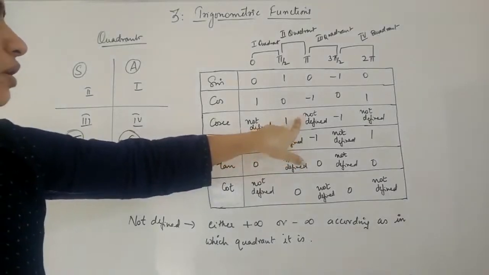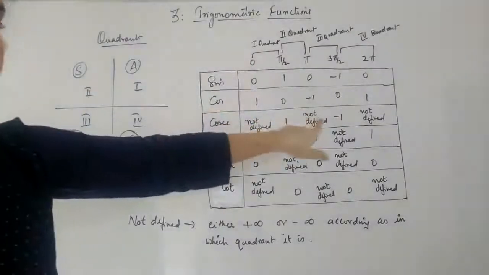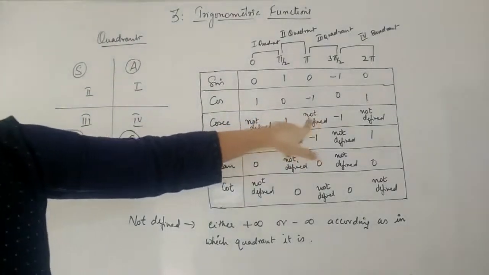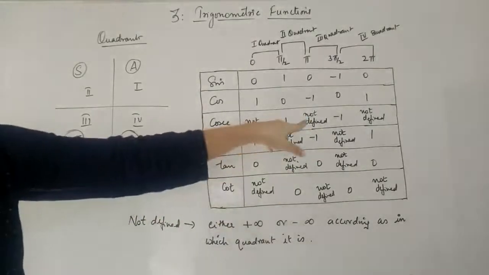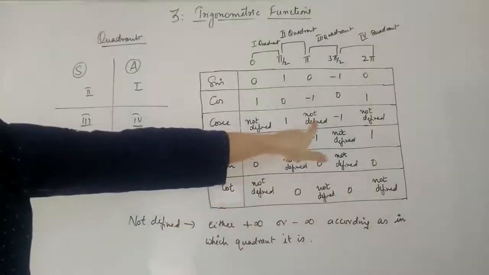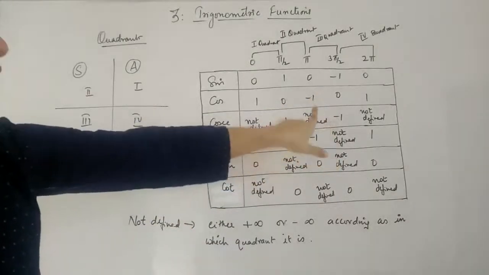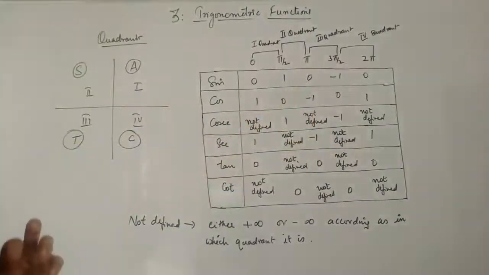Okay, now 1 to not defined, and it is in the second quadrant, means it is again positive infinity. So you have 1 to infinity. Positive infinity means it is increasing. So here decreasing, then increasing in the second quadrant. For the third quadrant, when we see, this is not defined, and this not defined itself should be taken as what value?